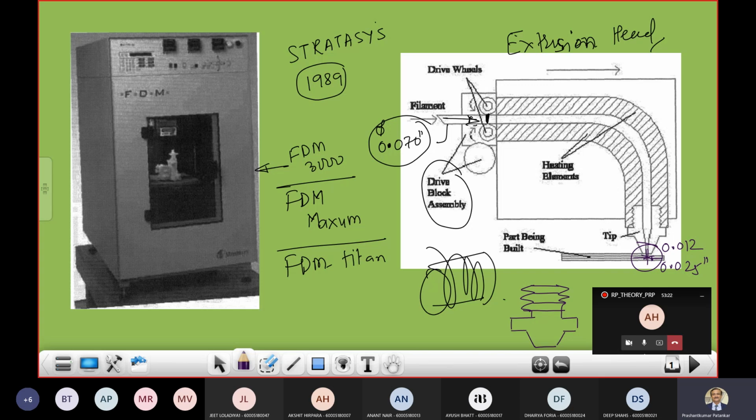But if you prepare both the components using LOM and using FDM, in that particular case you will find that the components made using LOM are faster. Why? Because there you are already taking the raw material in the form of sheets, and you are cutting those sheets and pasting one sheet above the other, okay.